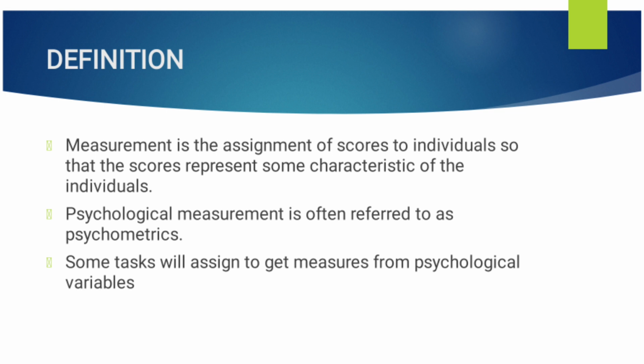Psychological measurement is often referred to as psychometrics. It's a branch of psychology that deals with measurement and psychological testing. Some tasks are assigned to get measures of psychological variables, just like we may give a cognitive task to measure our cognitive abilities, or sometimes we show some images and ask them to analyze what comes to their mind after seeing these images.